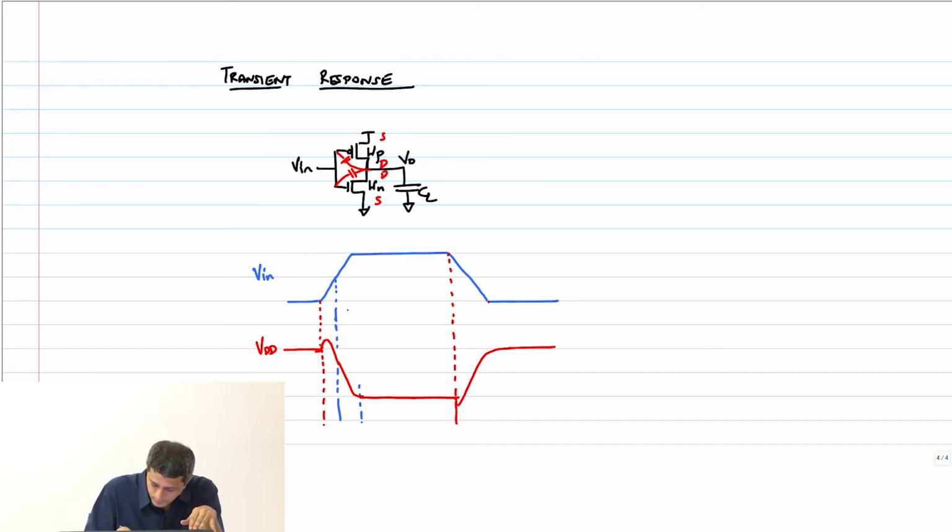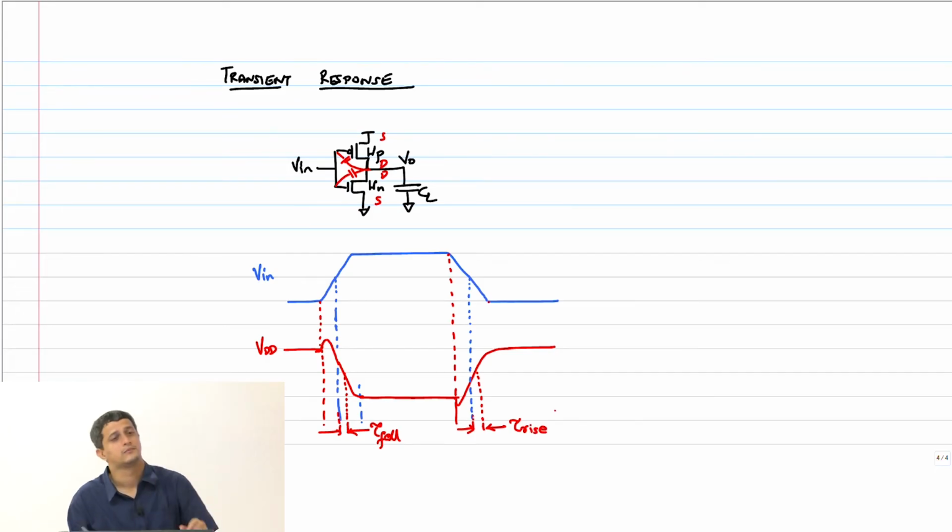So therefore, this was my 50% point for the input, this is the 50% point for the output. This delay is my tau fall. Similarly, this is my input here, output delay, tau rise.